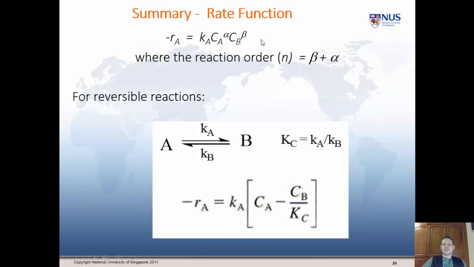And this is the form you would usually be interested in and be familiar with. The concentration of A raised to alpha, which is the reaction order with respect to A, and the concentration of B raised to beta, which is the order of reaction with respect to B, where the overall reaction order is alpha plus beta.